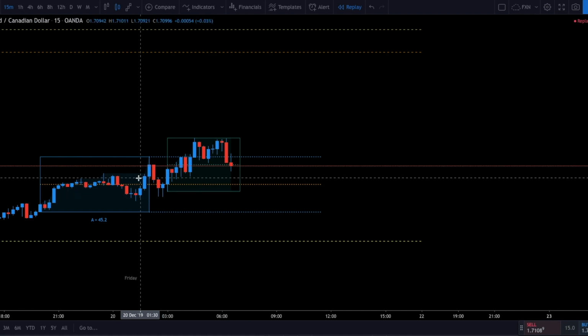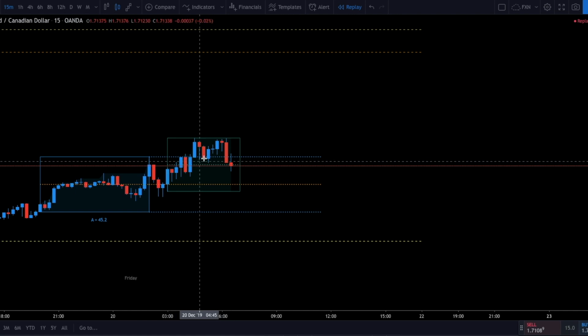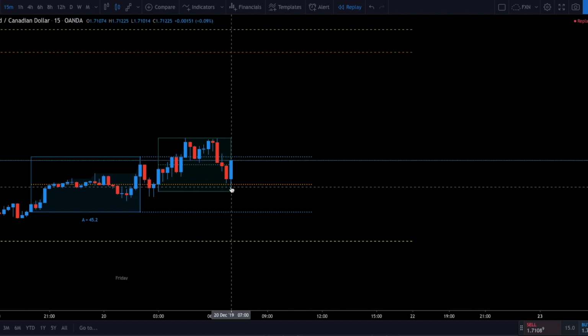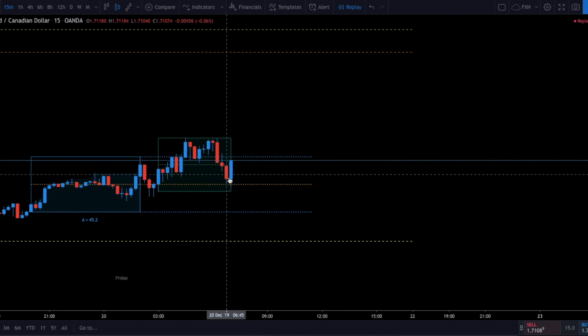Remember that when I say type 3 setups, typically they will come from type 2s. They will transform from a type 2 setup into a type 3 setup. This is a good example of that because this looks like a very good type 2 setup. But as we play this out, you'll see that once we get to the middle of the range, look what happens.